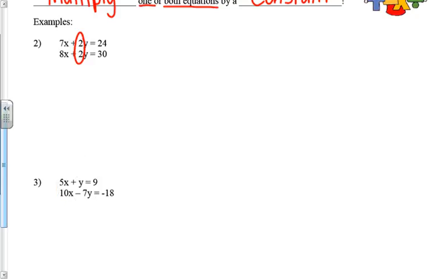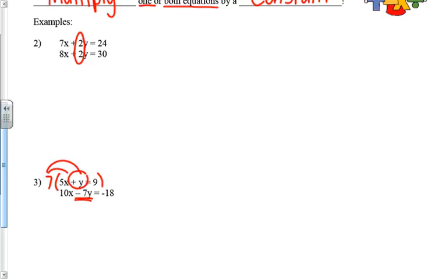If I multiply this equation here by a -2, then this would give me a -10, and then this is a +10, and they would cancel out. I could also look at the y variables and say, well, I could multiply this entire equation by 7. Then when I distribute through, this right here is going to become +7y.